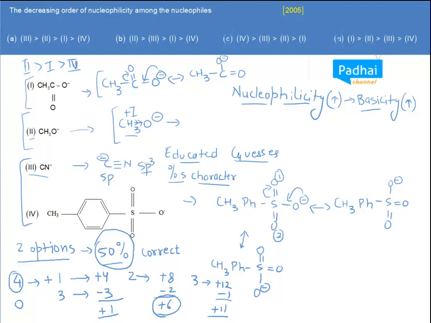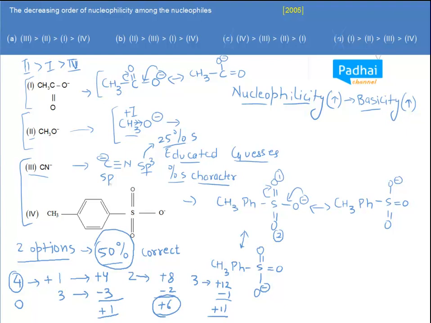In an sp3 hybridized carbon atom, we have 25% s character. Why? Because in an sp3 hybridized carbon atom we have 4 orbitals, 1 s orbital and 3 p orbitals, and out of these 4 orbitals 1 is an s orbital. That means there is 25% s character.